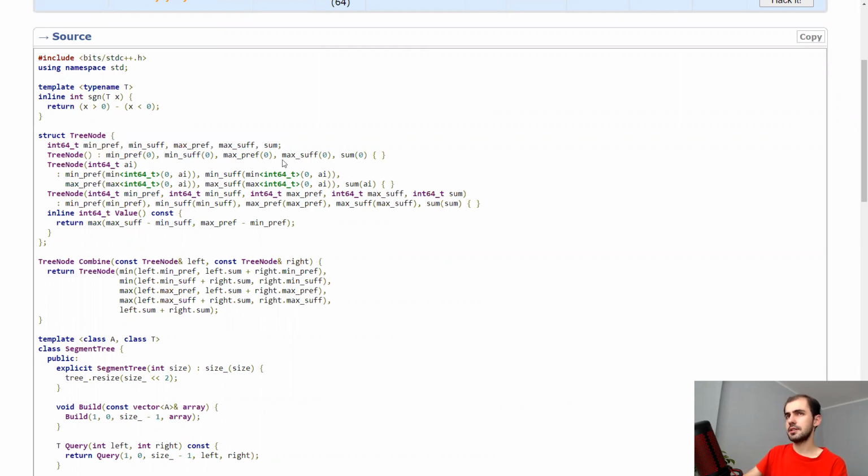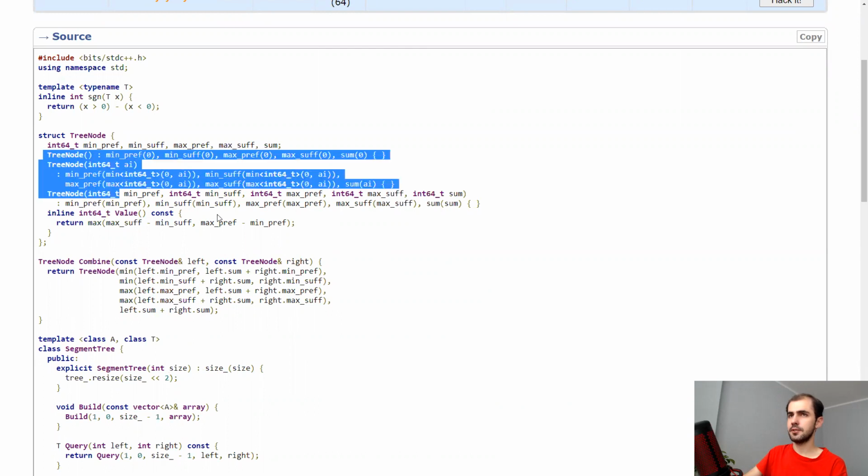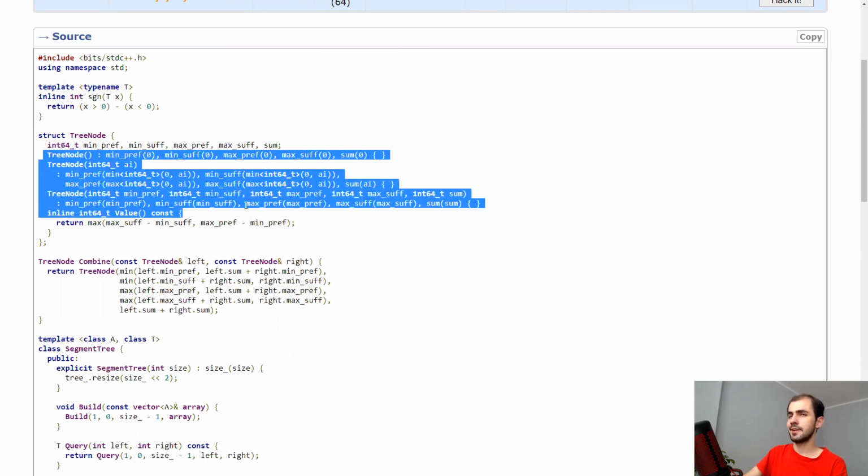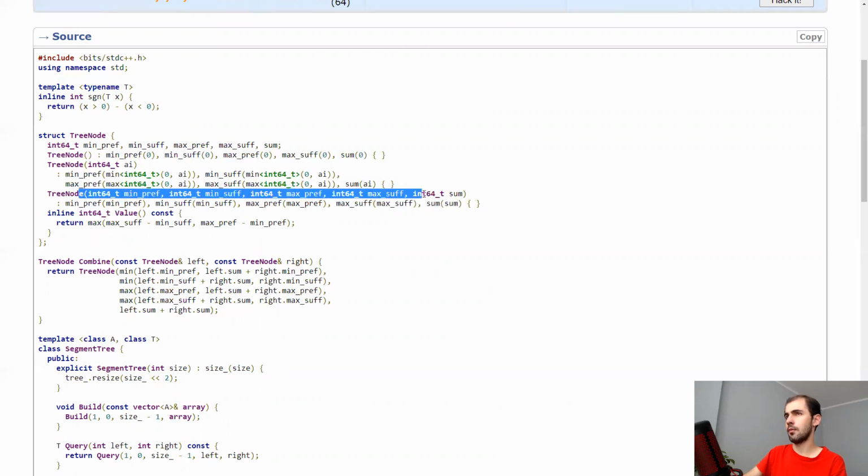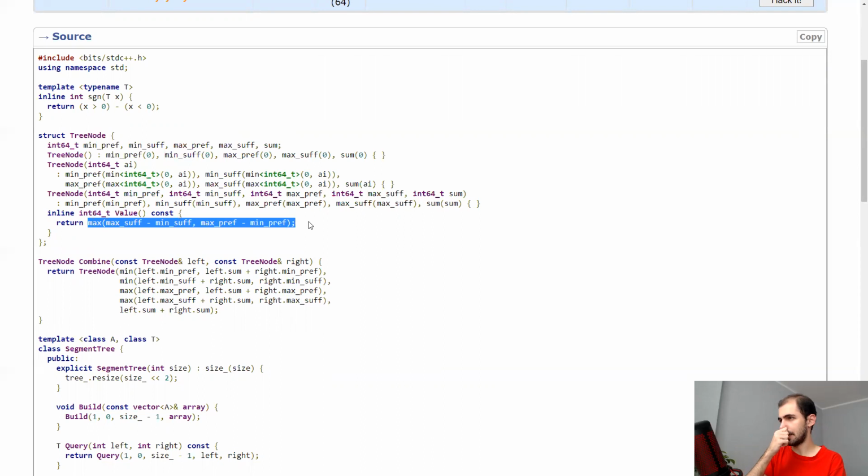I have somewhat a similar idea, so this part is just constructing this tree node structure from 1 element or from all 5 elements. And it also has a method value that will just combine. Because we don't care if it gets negative or positive values, we don't care which one of them is before which one.